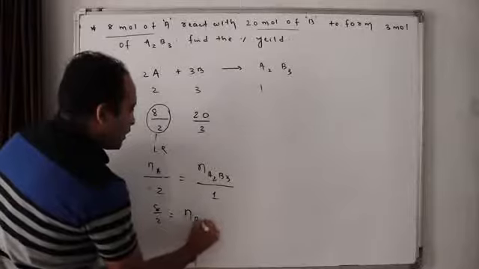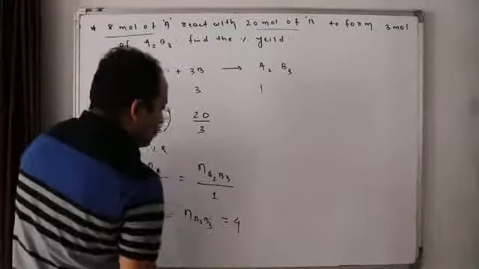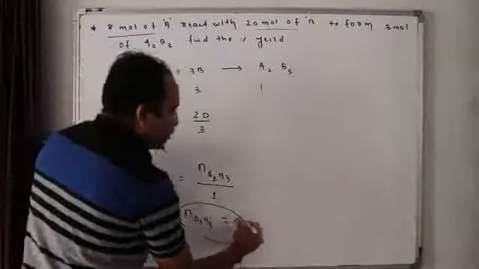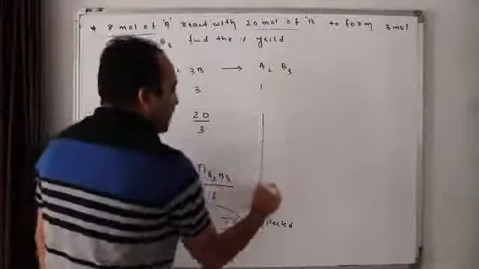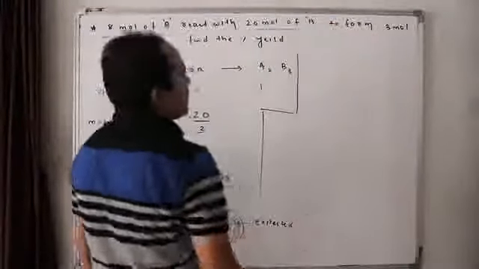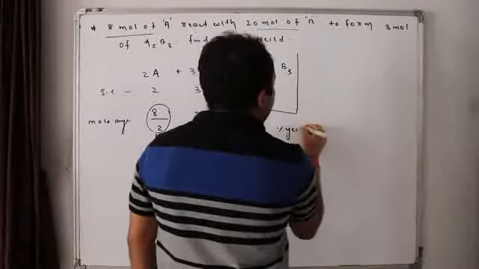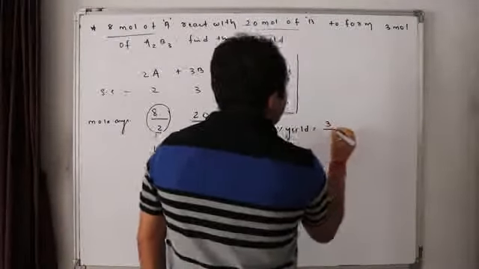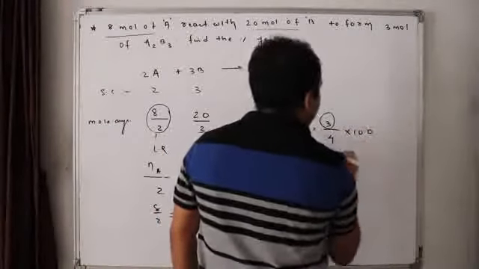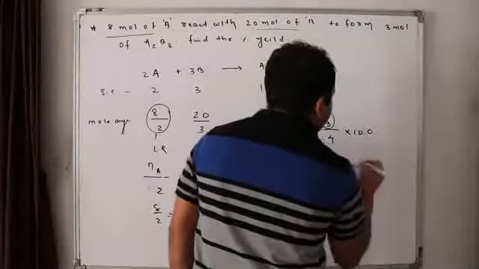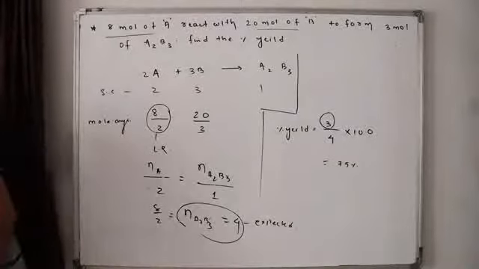The number of moles of A2B3 formed is 4. This is expected. But how much is the actual yield? Actual yield is 3. So what is the percentage yield? Actual yield by expected yield into 100. Is it 75%? Please check it out. Easy?